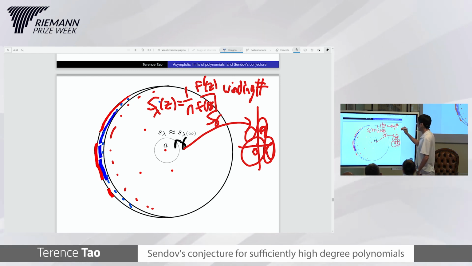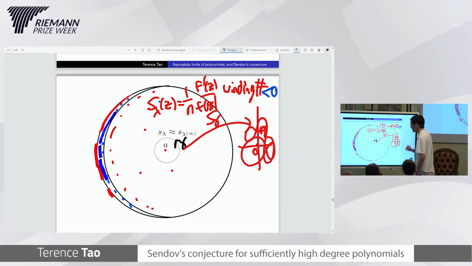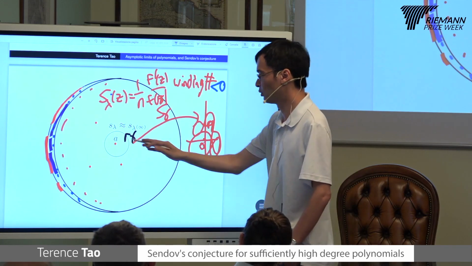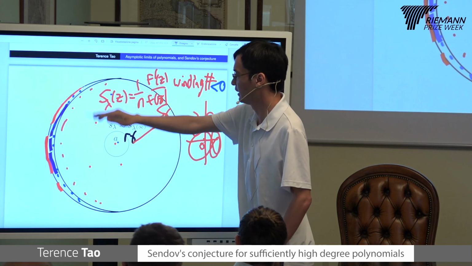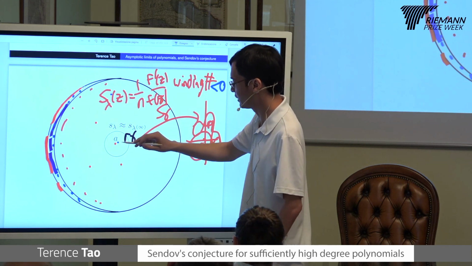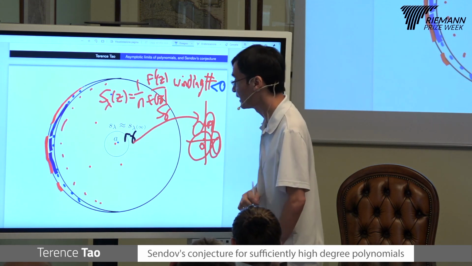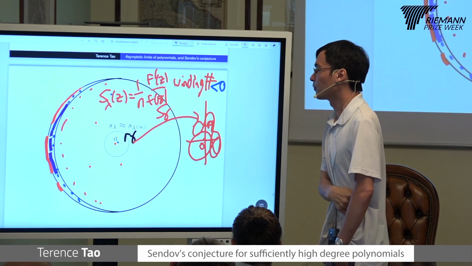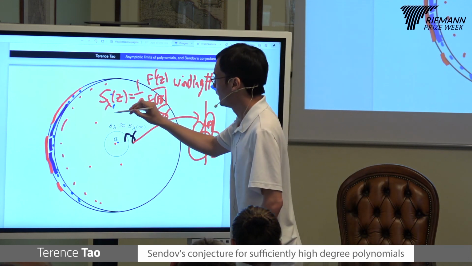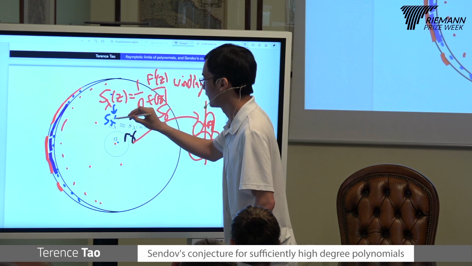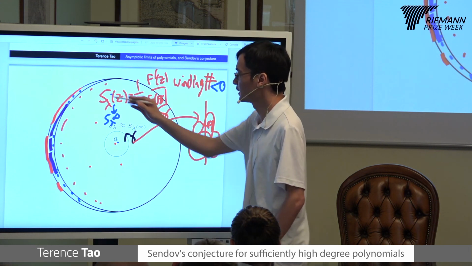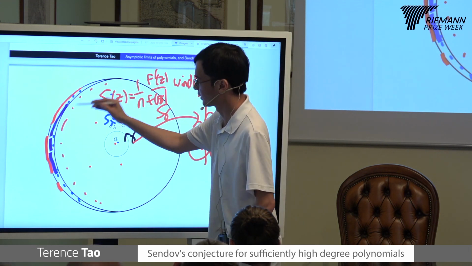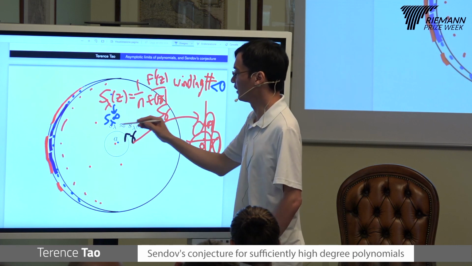So the winding number actually has to be negative, because there's at least one pole and no zeros. On the other hand, this is converging to S lambda infinity, which is the Stratos transform of some measure over here, and that's holomorphic in this disk.